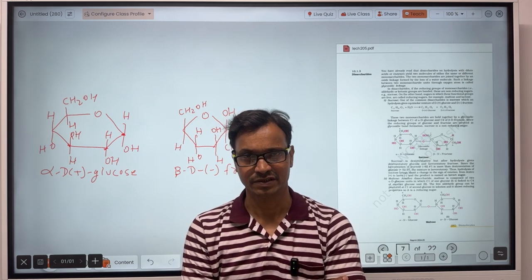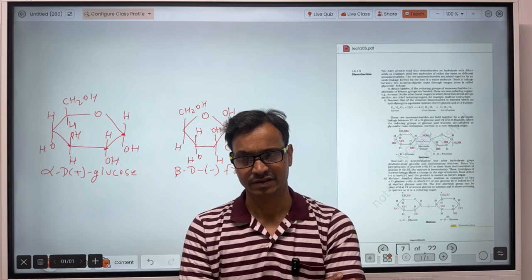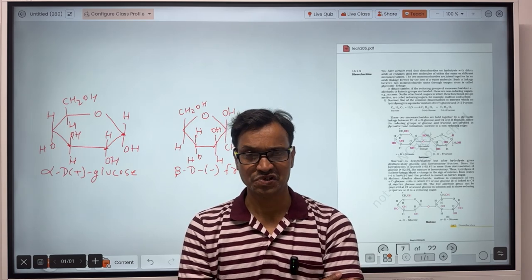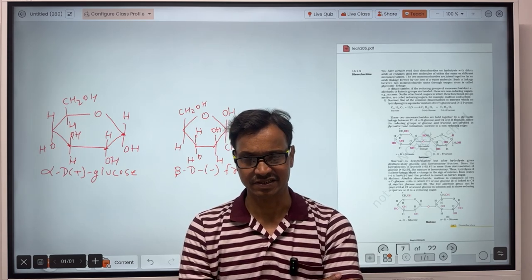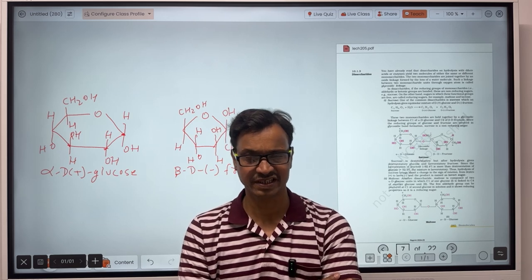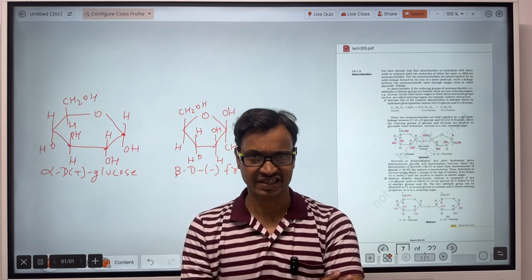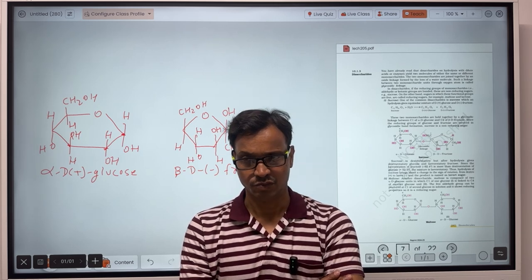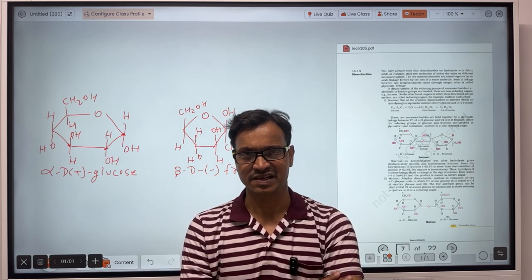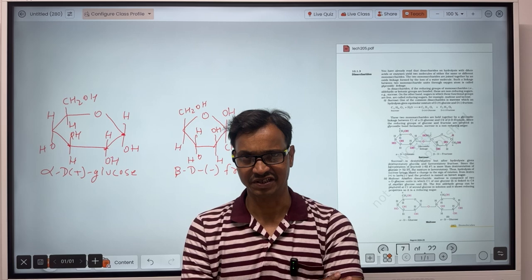Keep in mind, in carbohydrates, the monosaccharides are bonded with each other. In oligosaccharides or polysaccharides, the monosaccharides are bonded with each other through glycosidic bonding.